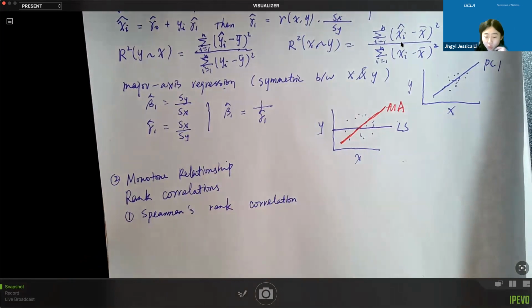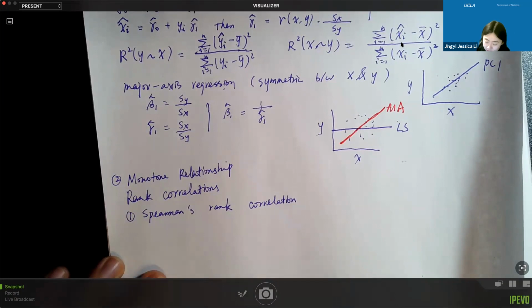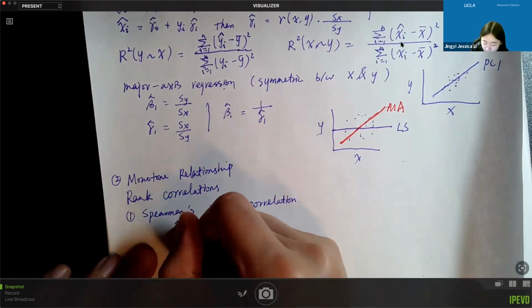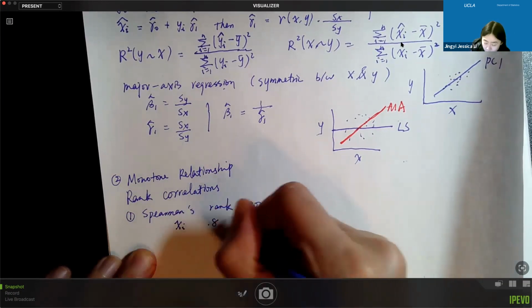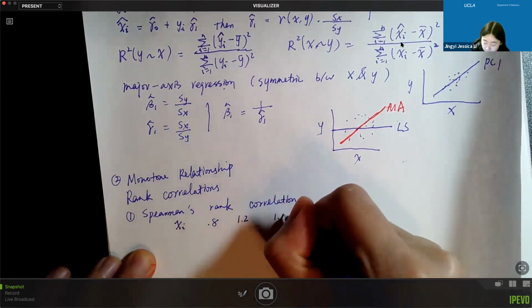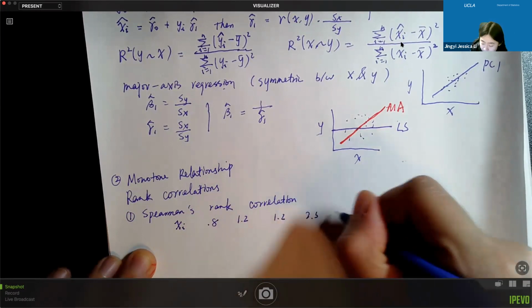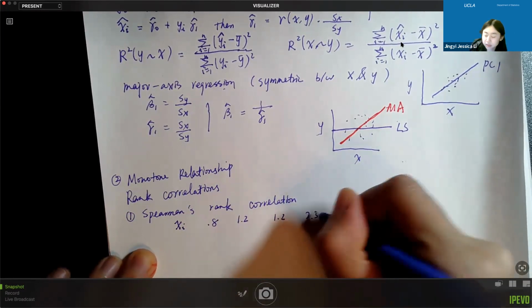So what it does is that it converts the values of x1 to xn into ranks. So what does it do? Let me just give you one example. Let's say your xi has values 0.8, 1.2, 1.2, 2.3, 18. You see clearly 18 is much larger.